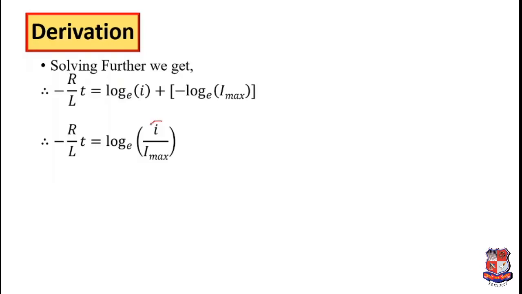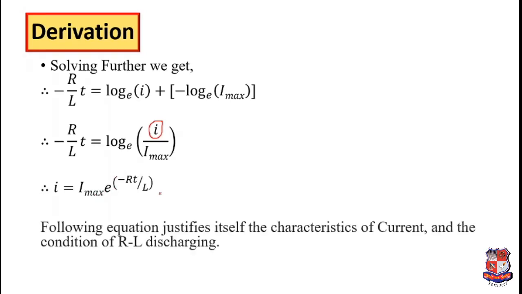From here you can find the value of I: I equals I max into e raised to minus Rt by L. This equation justifies the characteristics of current in RL discharging. Why? Because during discharging the current will decrease, and here you can see that the current is a decreasing function because e is raised to a negative term.